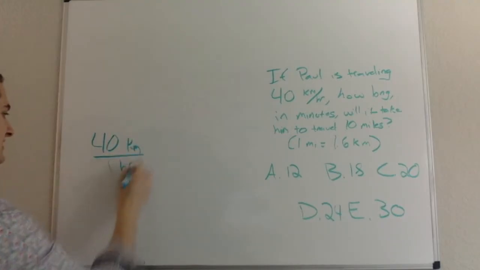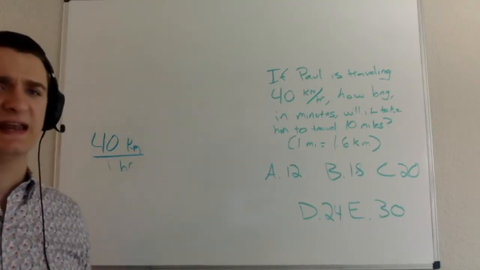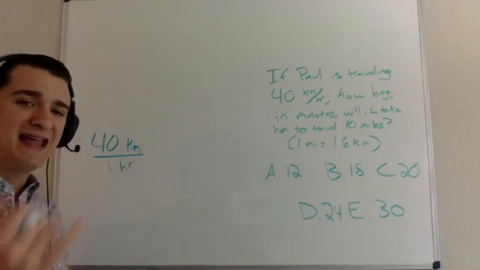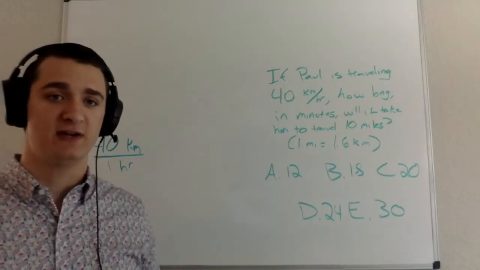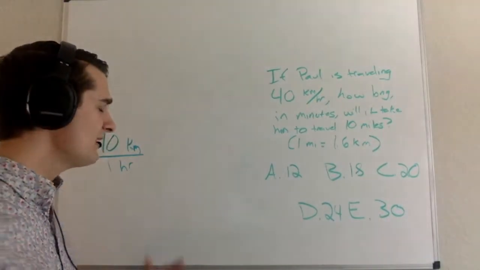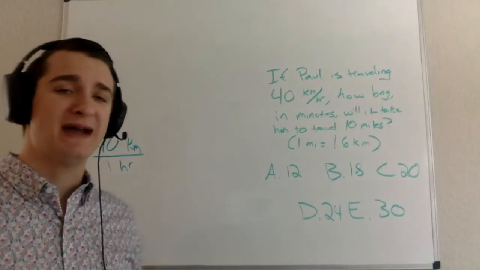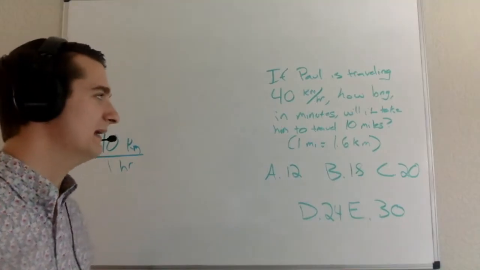And you'll notice that I write it like this, 40 kilometers over 1 hour. And that's going to be important because it's going to help me be very systematic about the way I approach this conversion. In the second step, step 1B, and again, I do these two things first in every unit conversions question, I'm going to think about what are my desired end units. In other words, what units do I want to end up in?